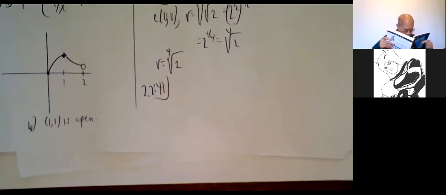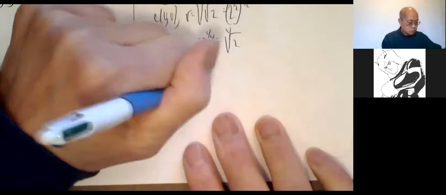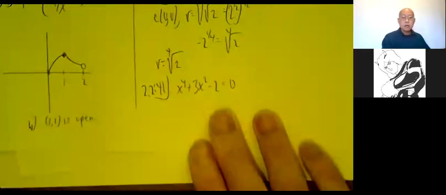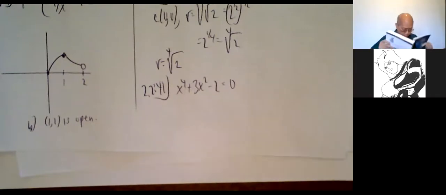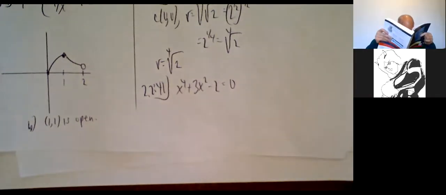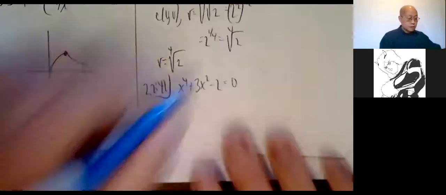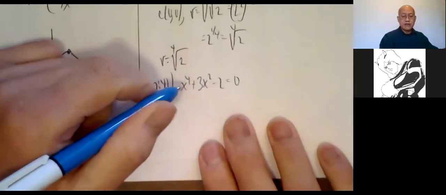x to the fourth plus 3x squared equals 0. All right. So unfortunately, this is not factorable.